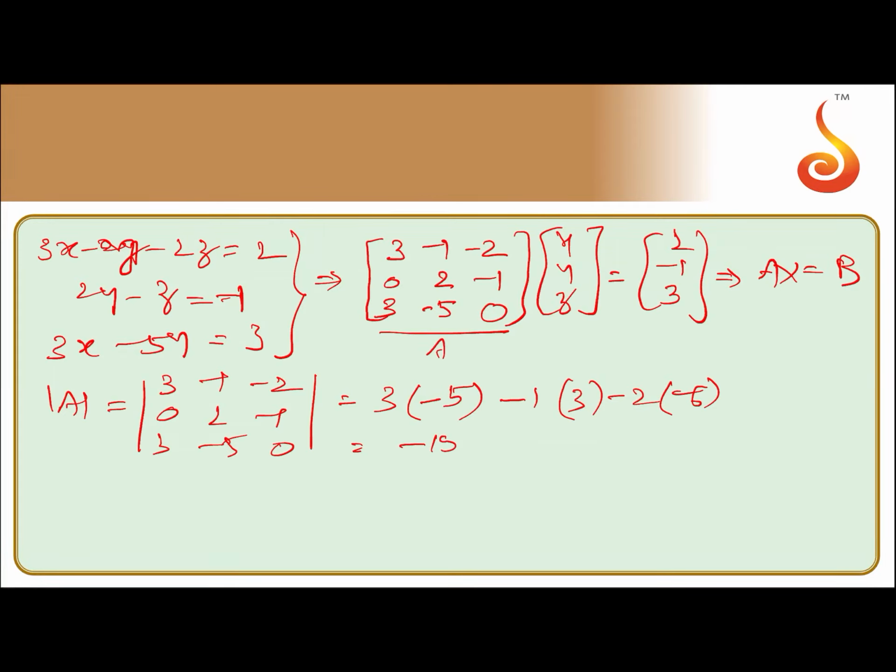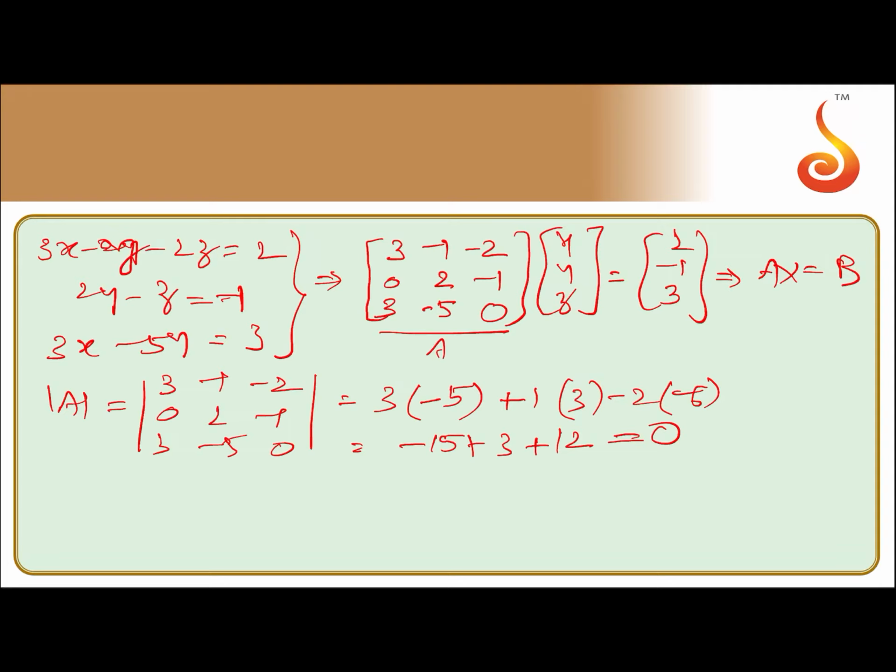That equals minus 15 plus 3 plus 12, and that equals 0. Determinant of A is equal to 0. The system has no unique solution because det A is equal to 0.